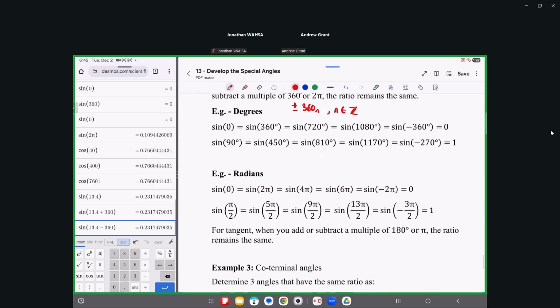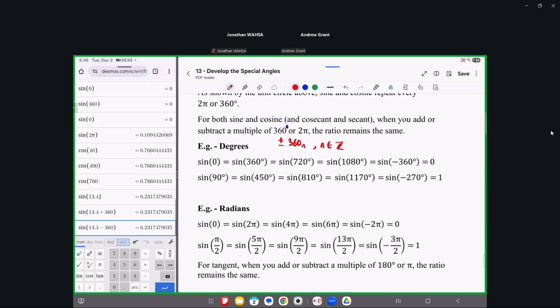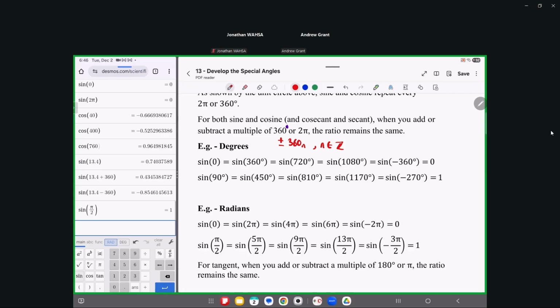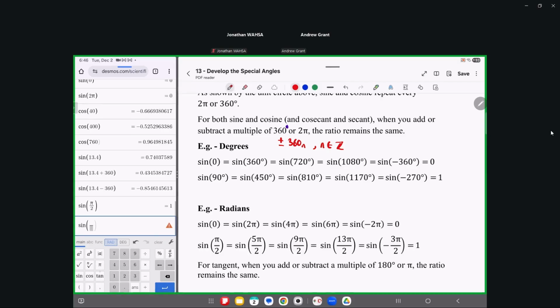And in radians, you can do the same thing. So you might have sine of 0 is equal to sine of 2 pi, 4 pi, 6 pi, -2 pi. And if you take pi over 2 and add 2 pi, you get 5 pi over 2. Add 2 pi, you get 9 pi over 2, and so forth. So sine of pi over 2 is the same thing as sine of 9 pi over 2.